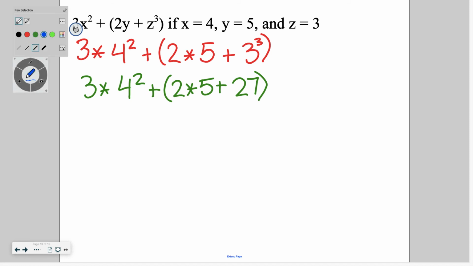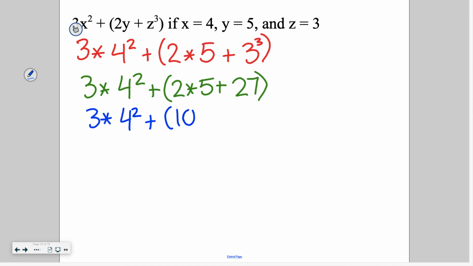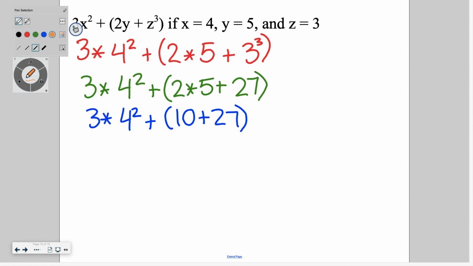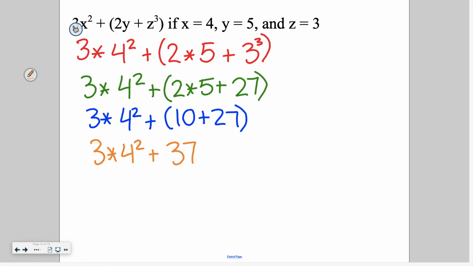Still staying inside of the parentheses. We're going to keep working through our math, and we're going to do multiplication next. So we've got 10 plus 27. Then I'm going to go ahead and finish out those parentheses by doing 10 plus 27, which is going to give me 37. So we've dealt with everything inside of the parentheses.